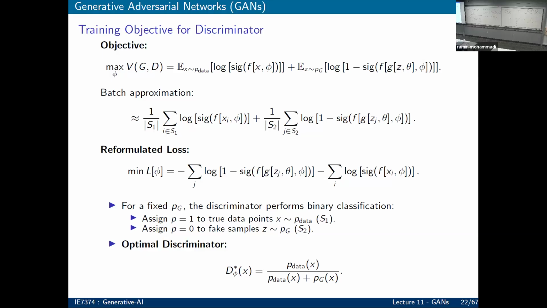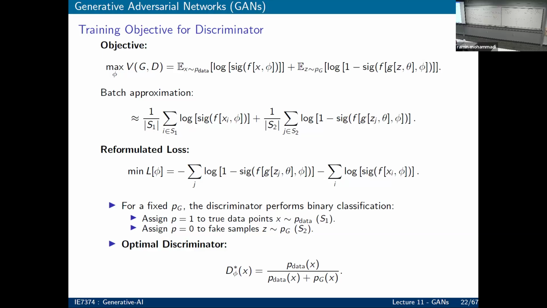Then we can formulate the loss. Our goal is to minimize the negative of that. This was maximization; we wrote it on the negative side to make it minimization. Now let's say you have a fixed generator, because the idea is that the generator generates data, and then the discriminator works.